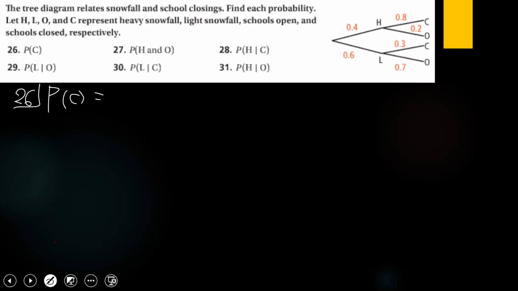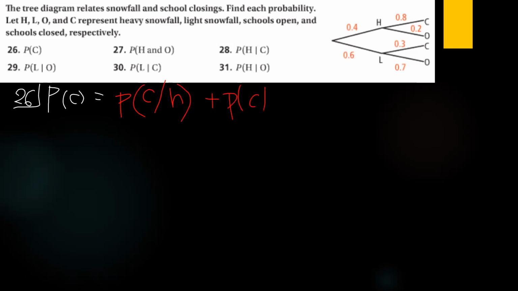One of them is closed given that it is heavy snowfall, and one of them is closed given that we have light snowfall.